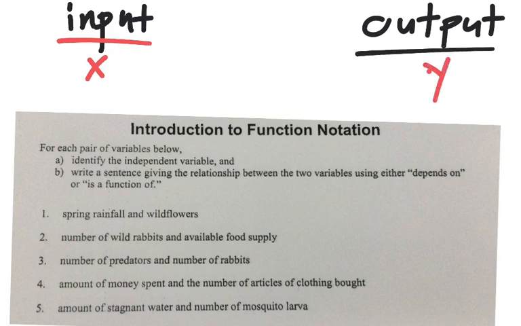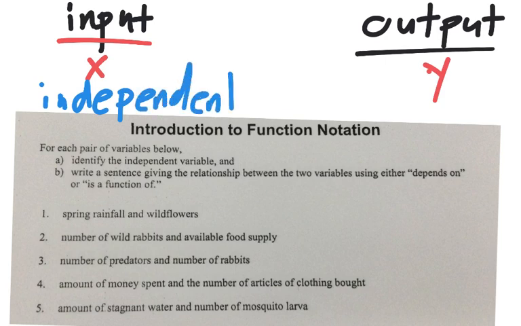So in that context, which of these variables do we have a decision on? X. We get to choose the X. We get to choose which button we press. We get to make that decision. So the X, or our input, is the independent variable. Independent.